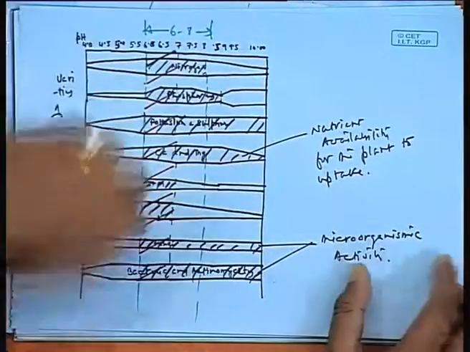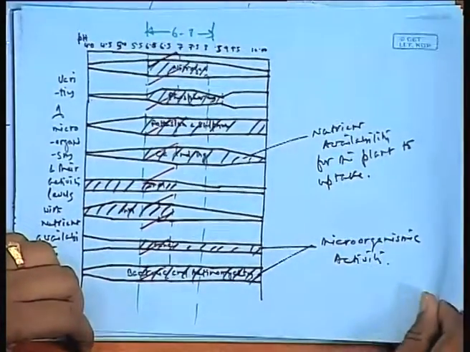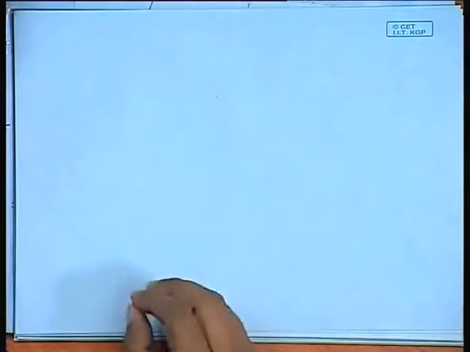So you can see this is the area where you should try to keep the soil pH to encourage the microorganismic activity and nutrient availability for the plants.